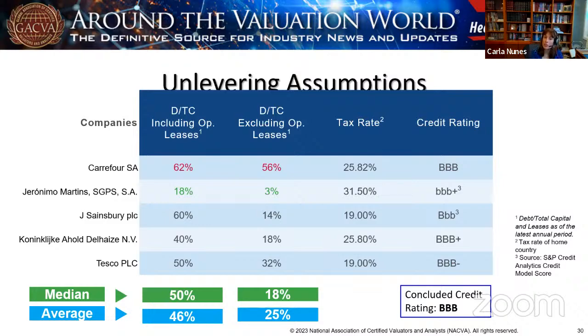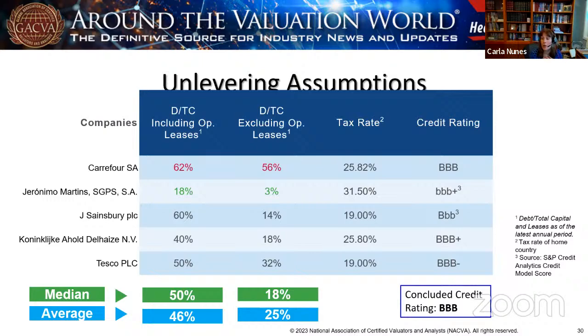So a lot of times people doing WACCs and DCFs in the United States, because their clients will not give them the rent separated between depreciation and the interest expense component, continue to use debt over total capital excluding operating leases, because you're trying to make sure your WACC is consistent with how your DCF was derived. For non-US companies, though, what makes sense is to include what we were calling operating leases. Obviously, now it's called finance leases.